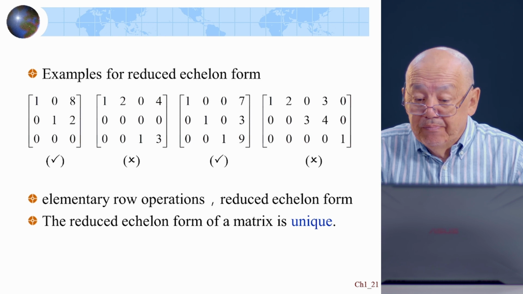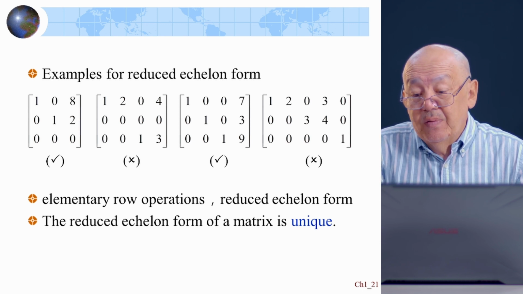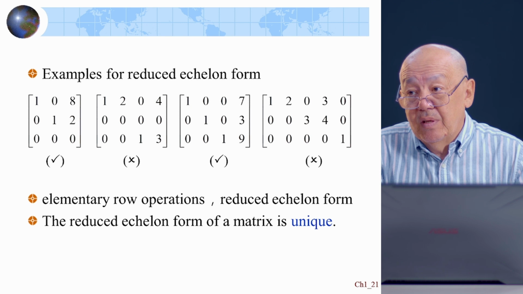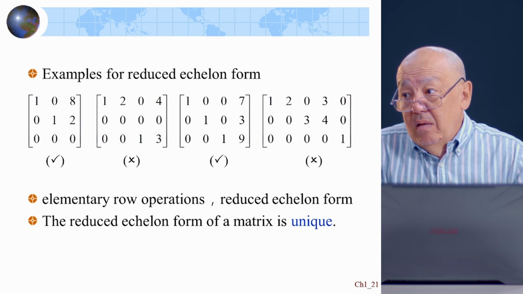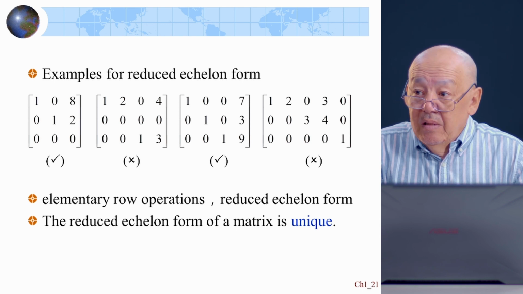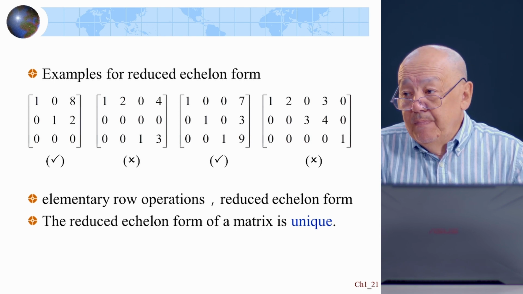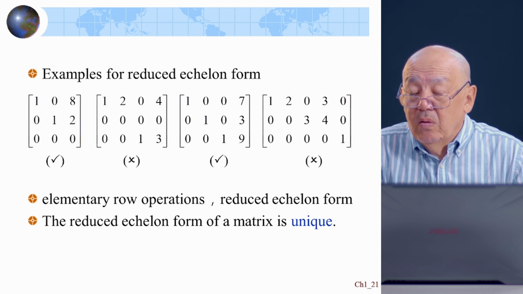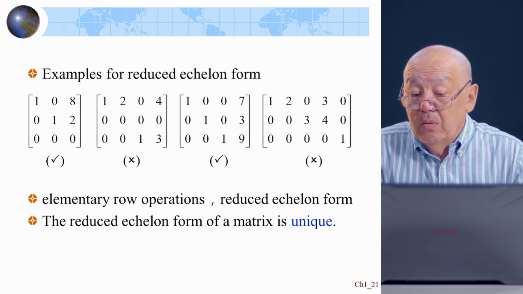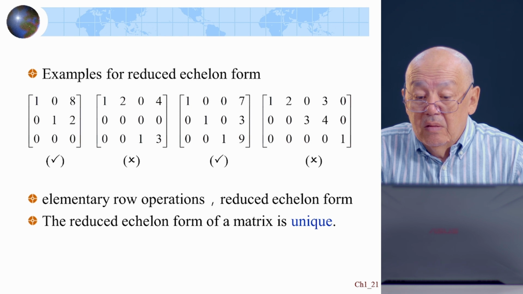So if your teacher gives you some matrix and asks you to find its reduced echelon form, only one answer may be correct. You couldn't have 2 different answers to this question.